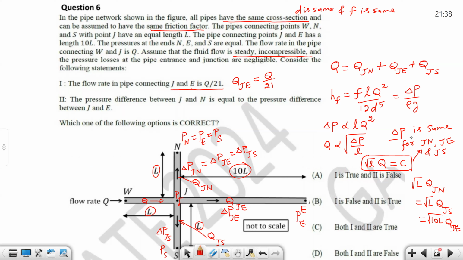Delta P is the same for these three pipes. From this you get root L into Q equal to constant, valid only for pipes JN, JE, and JS. So now you can understand that QJN is equal to QJS equal to root 10 QJE.